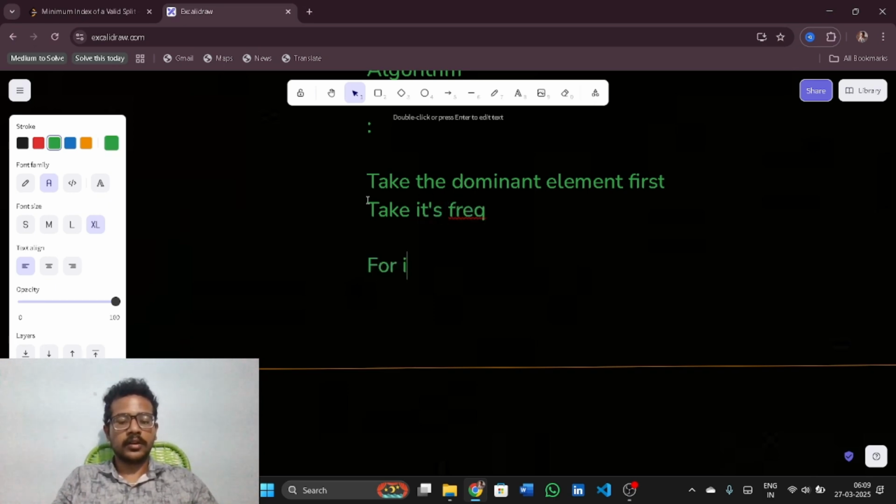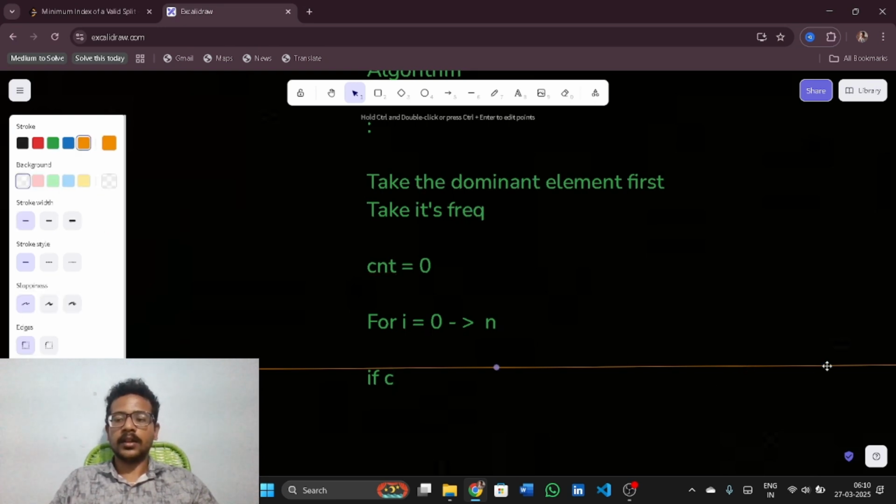Now, for i from 0 to n, there should be a valid split at this time. If so, I would maintain a count which counts the frequency of the dominant element till now as we are iterating through the nums array.